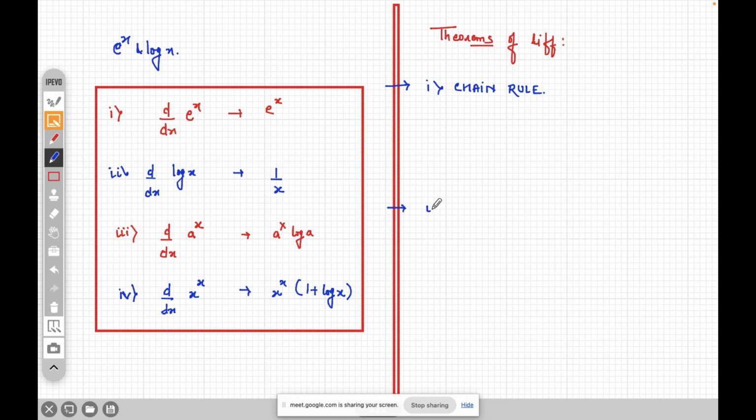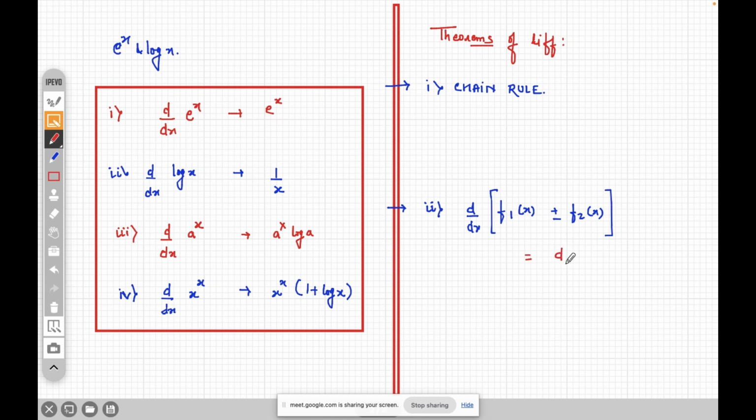To simplify, if there are two functions, function 1 plus function 2 or minus, and they have to be differentiated, then it can be distributed.